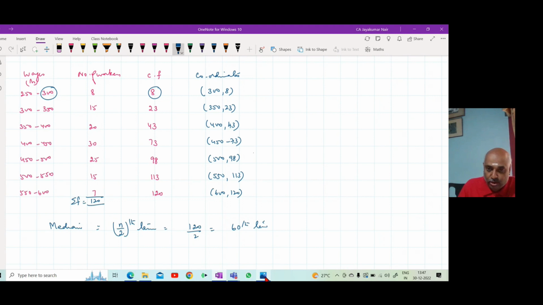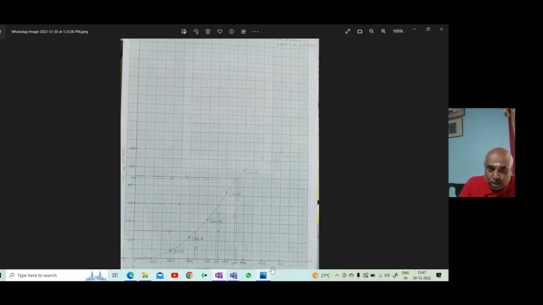You have to find the 60th term, because the cumulative number of workers is here. At the 60th term, you draw a horizontal line, and then you drop a vertical line.